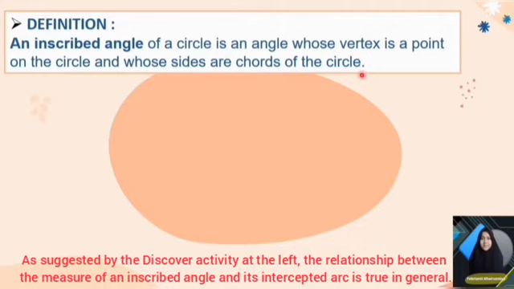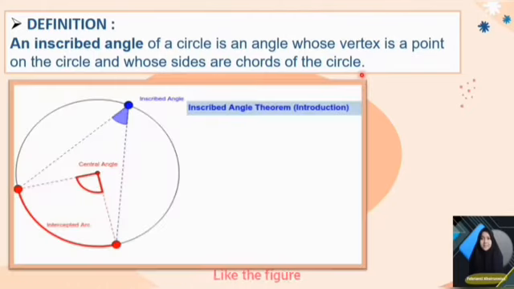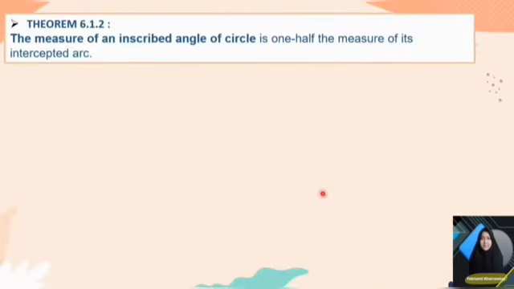The relationship between the measure of an inscribed angle and its intercepted arc is true in general. Theorem 6.1.2: the measure of an inscribed angle of a circle is one half the measure of its intercepted arc.